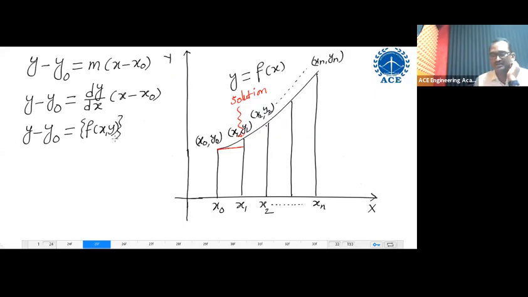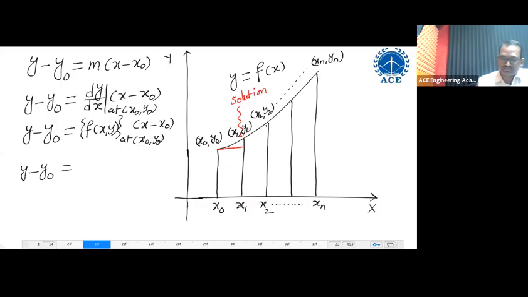We have drawn the tangent, and the slope of the tangent is required at which point? At x0, y0. Dy by dx is the slope of the tangent that is drawn at the point x0, y0. So this is y minus y0 is equal to, substitute x is equal to x0, y is equal to y0.